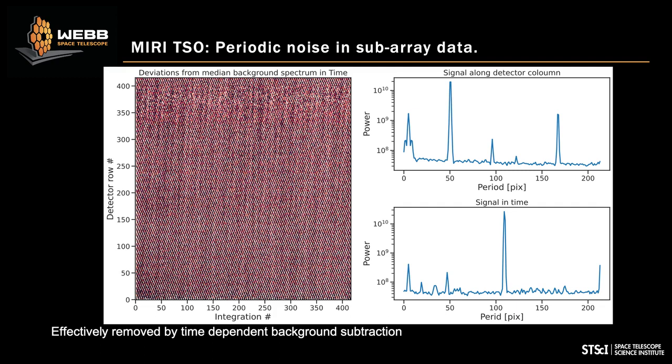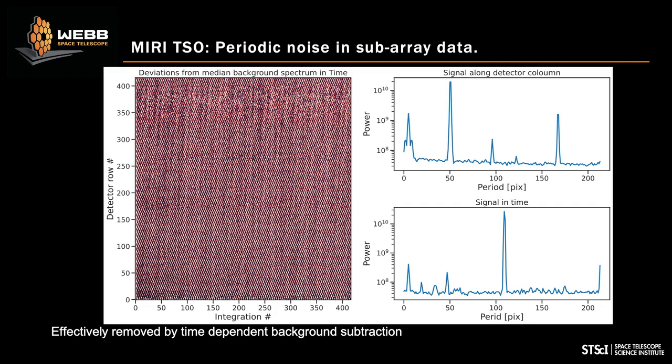What I plotted here in the image is, on the y-axis, the median spectrum for the background, and on the x-axis, each integration. Already you can see this pattern by eye, and if you then do a Fourier analysis, you clearly see some frequencies. In time, you get a 4-integration periodic signal.